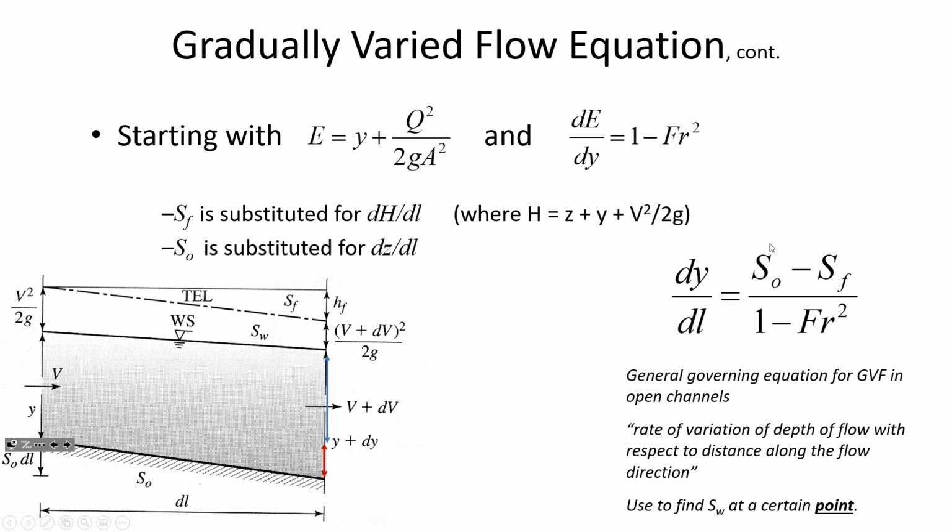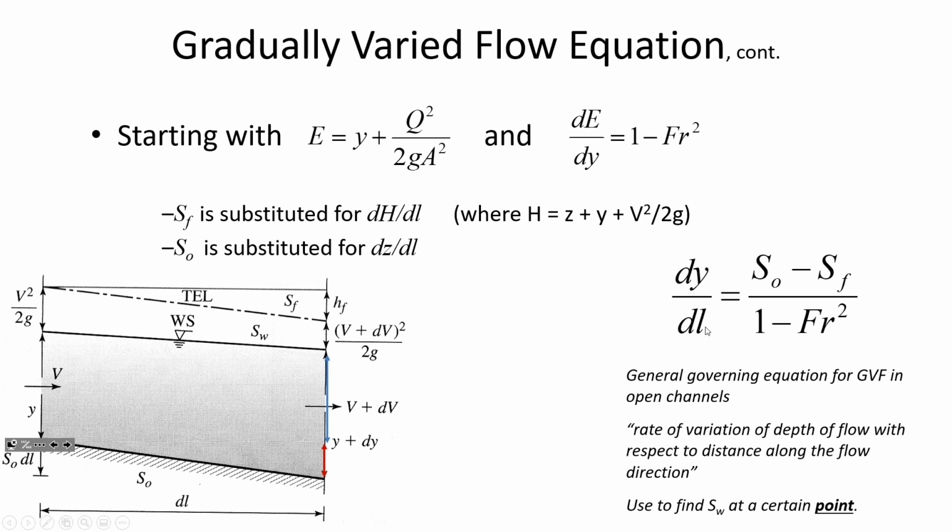What we're going to do is try to find out, at a certain point, how the depth is changing with respect to distance downstream. This is the governing equation for gradually varying flow in open channels, assuming a prismatic channel with a constant roughness at the bottom and a relatively mild slope.